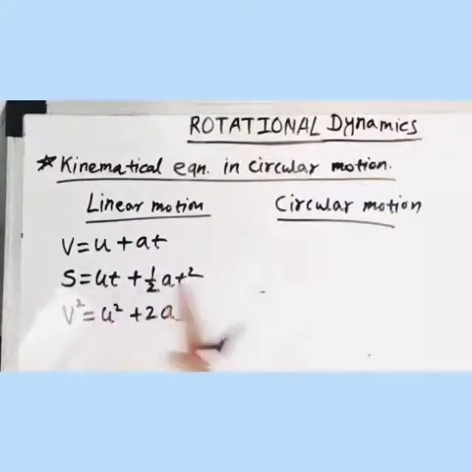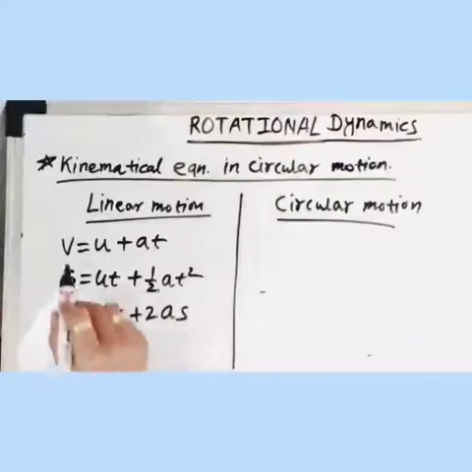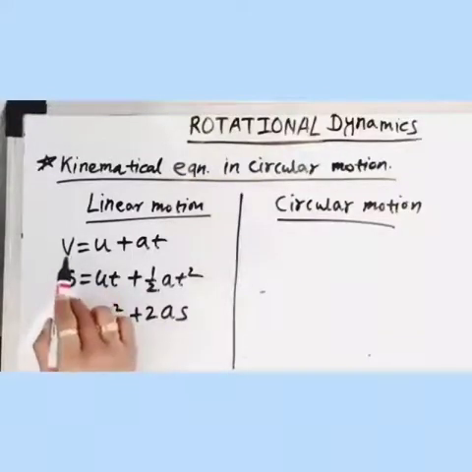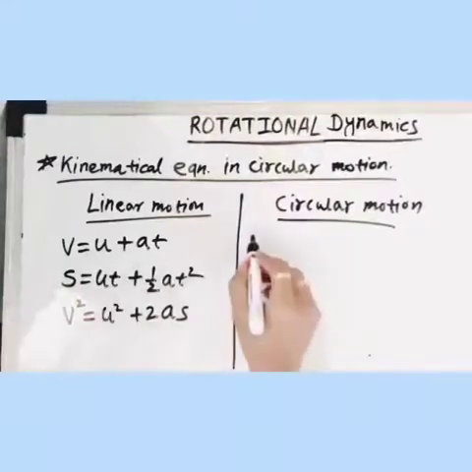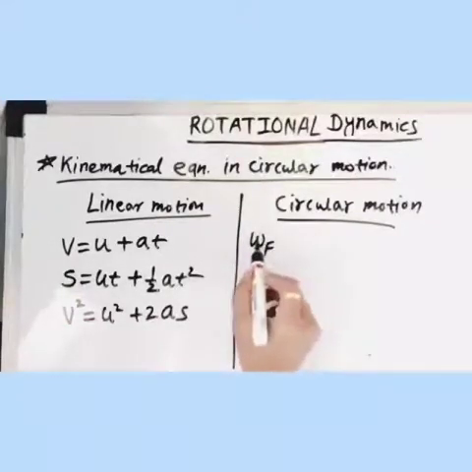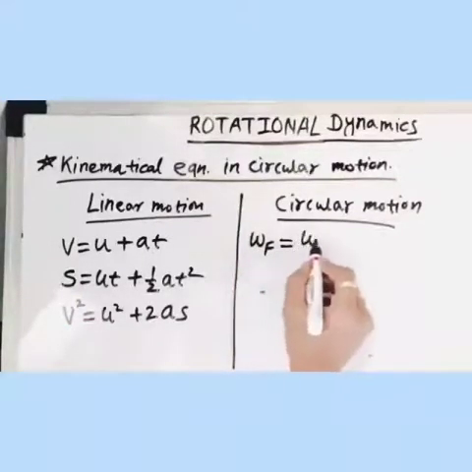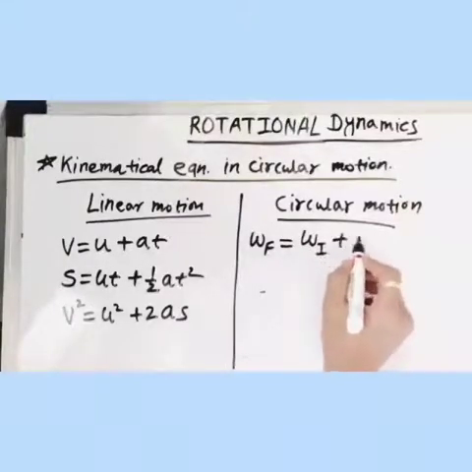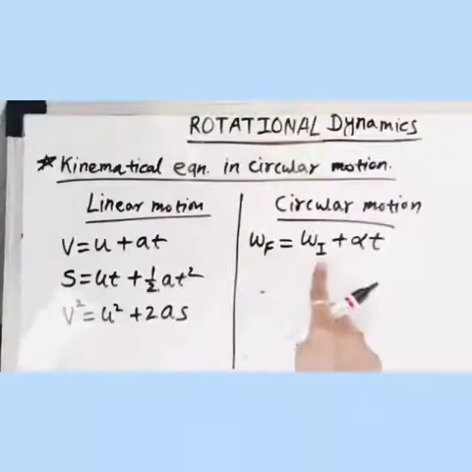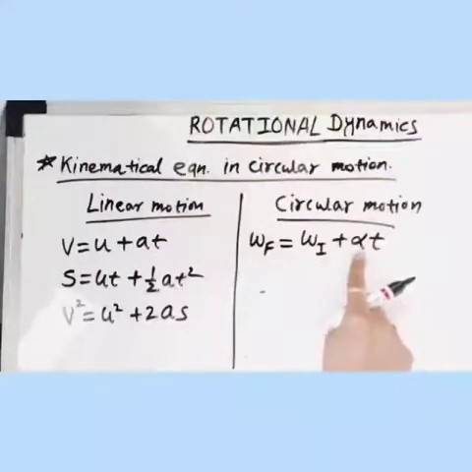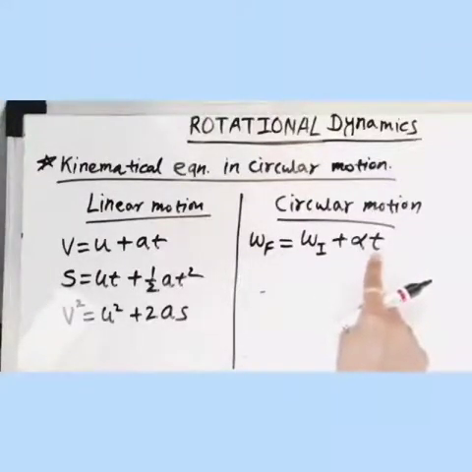Similar to this, in circular motion also we have equations. Here we have the final linear velocity and initial linear velocity; here we can write omega final, this is the final angular velocity, is equal to omega initial plus alpha t. Final angular velocity is equal to initial angular velocity plus angular acceleration into time t.